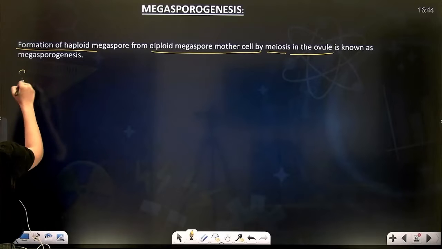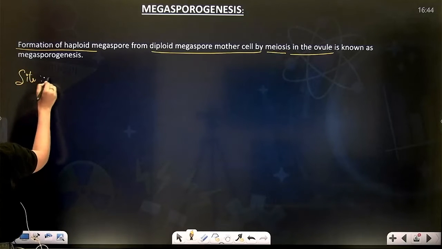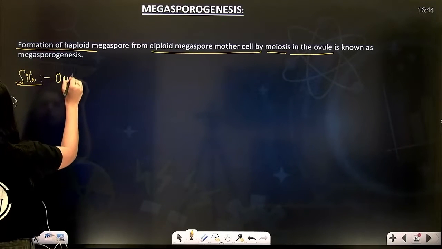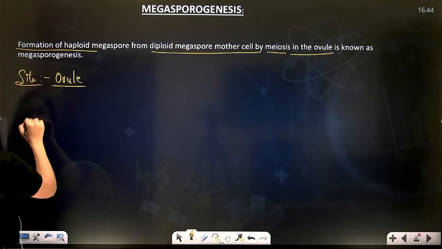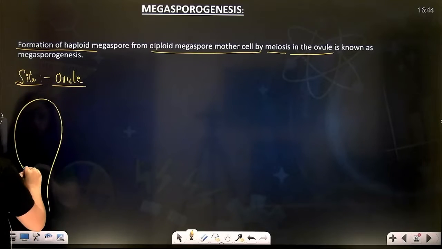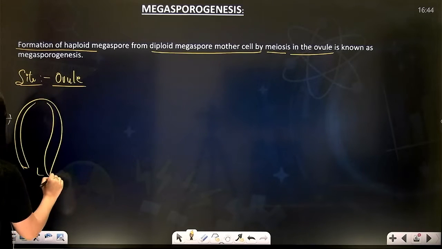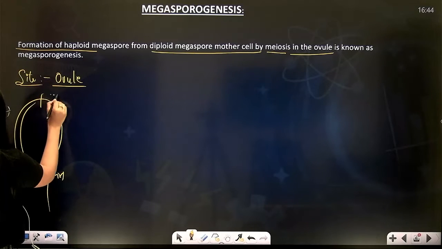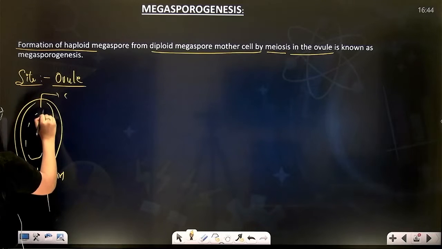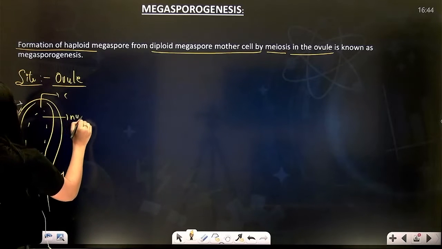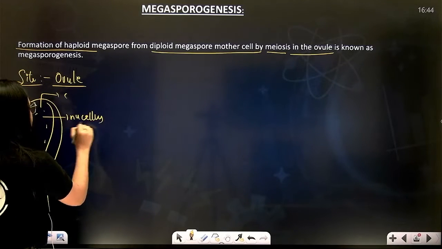So if a question comes, what is the location of megasporogenesis? You will say ovule. So suppose this is the ovule, the most common type, which is your anatropous. This is the micropyle. This is the chalaza, and it is all filled with nucellus. Now, what happens, beta?